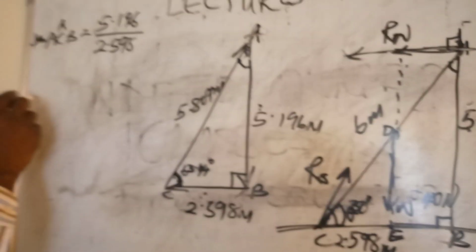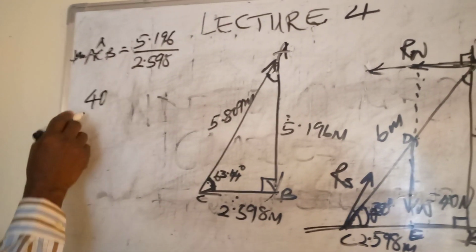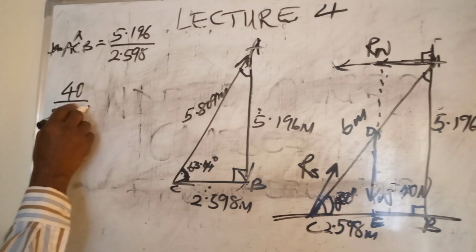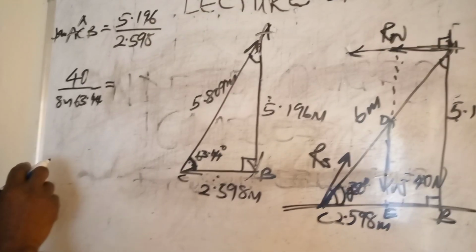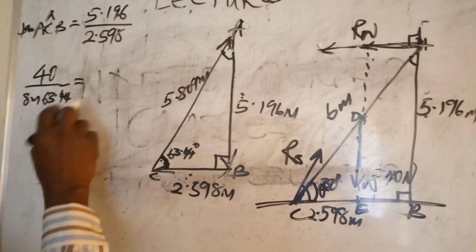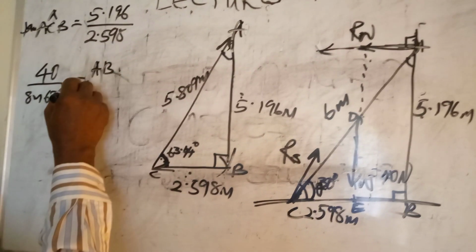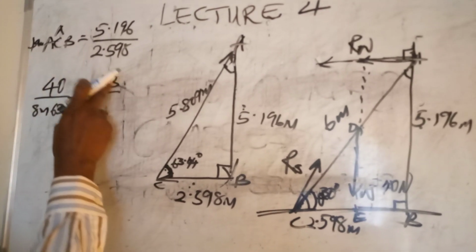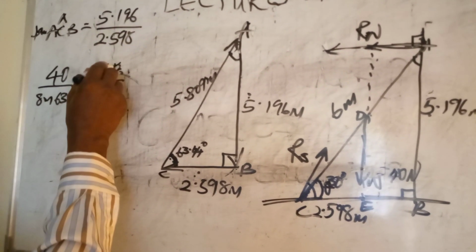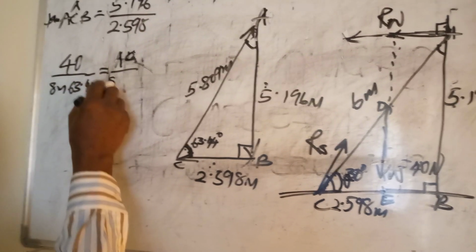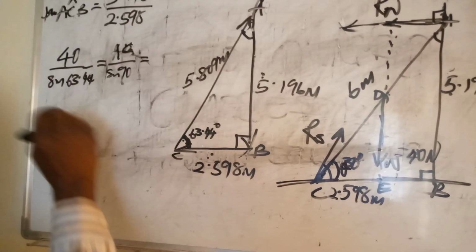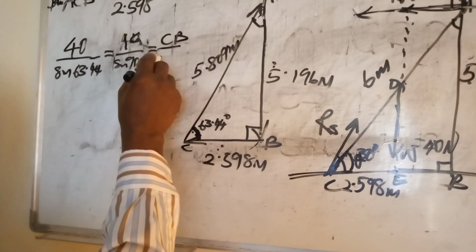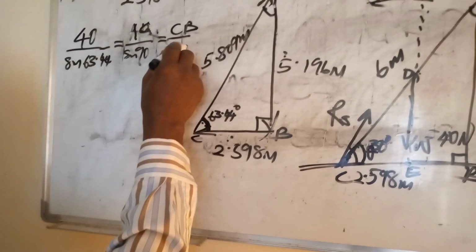I have 40 newtons over sine 63.44 is equal to AC over sine 90, sine 90 is 1, which is also equal to CB over sine CAB.